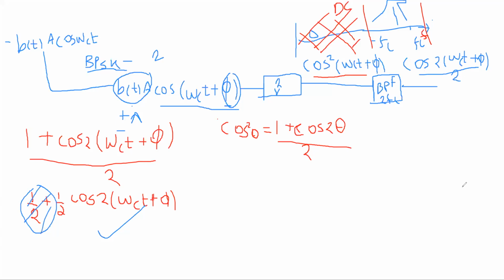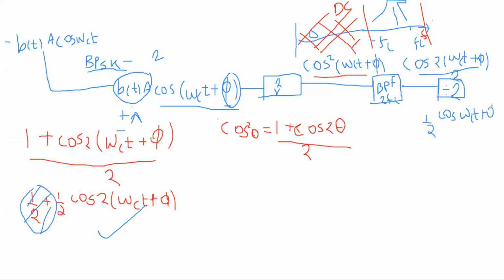Okay, then the output is given to the divide by 2 frequency divider. So it will divide the frequency of cos of 2 omega ct plus phi by 2. When we divide this by 2, the output is your carrier, where the signal will be one half cos of omega ct plus phi.